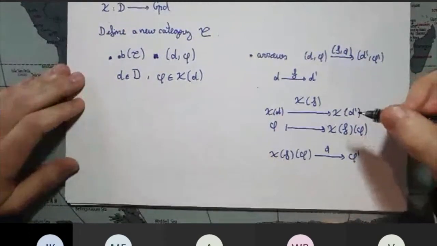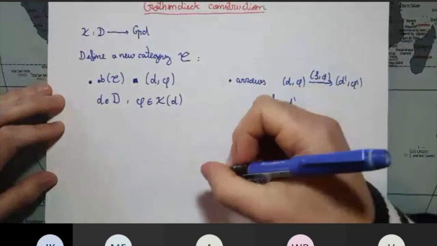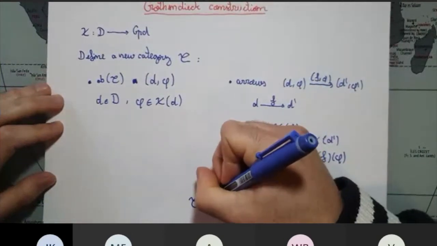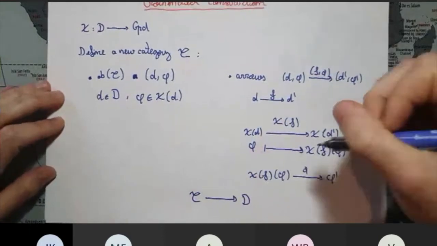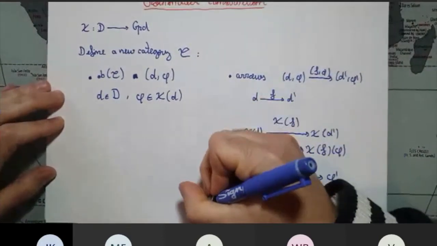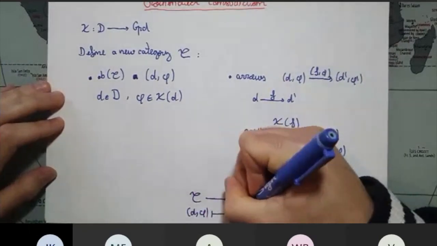Okay, now clearly we have a forgetful functor from C to D. We just forget the second component.